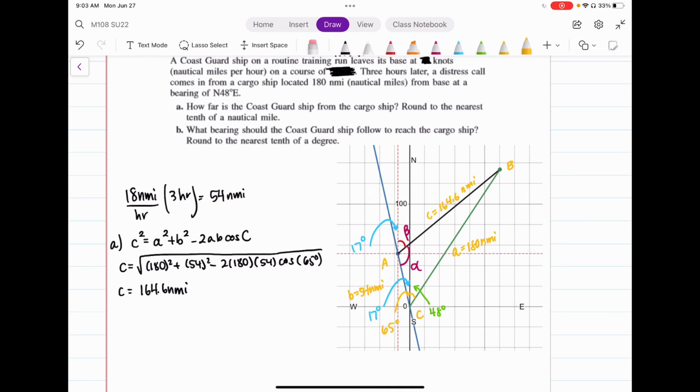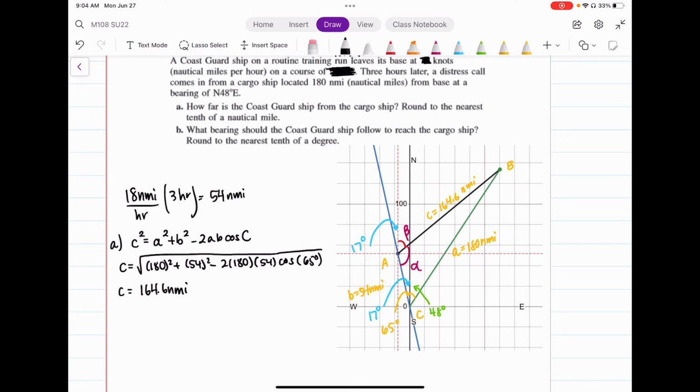Okay, I filled in the information that we've calculated. We know that A is 180 nautical miles, B is 54 nautical miles, C is 164.6 nautical miles, and we know that the angle C is 64 degrees. We want to calculate angle alpha, which would be like angle A if I was to use the angle measurement of the ABC triangle.